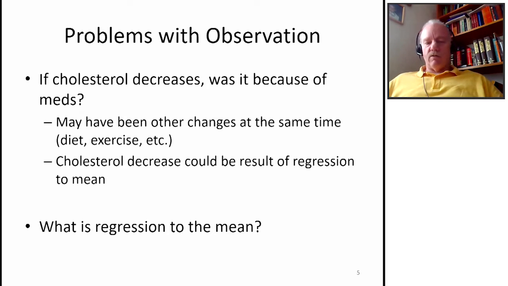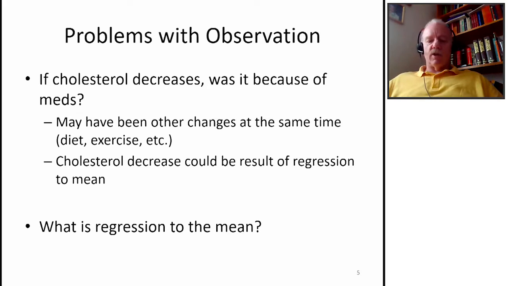It could be that there were other changes at the same time. Maybe the person started exercising more and eating a better diet because their doctor told them they had high cholesterol. Or maybe the reduction in cholesterol was due to something called regression to the mean.